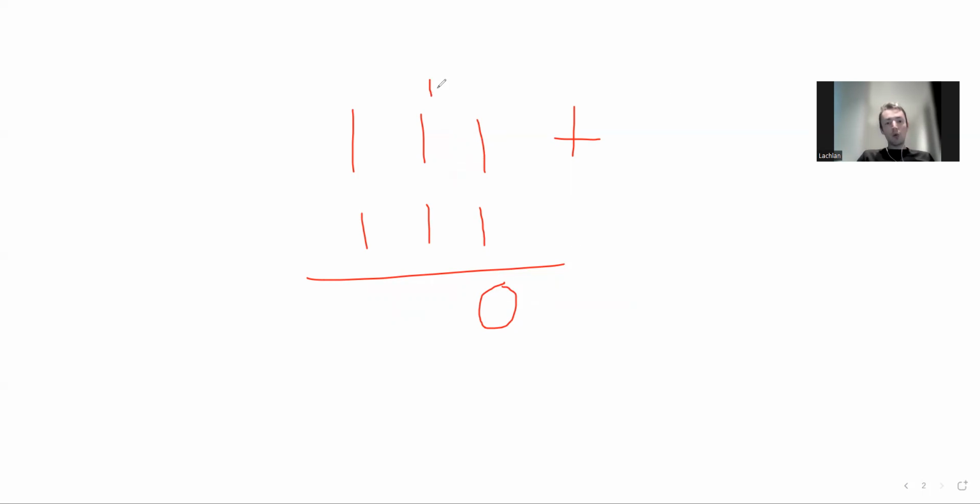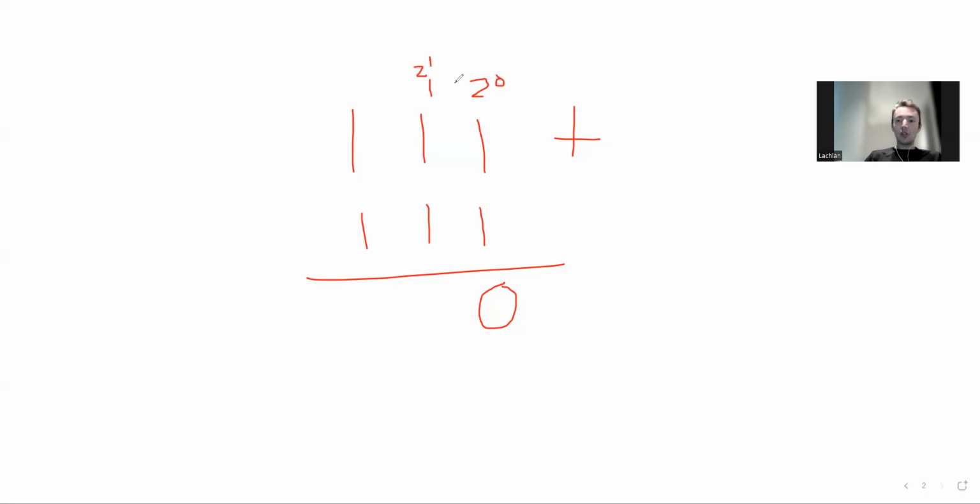Now, you're probably wondering, why are you carrying only a single 1 and not 2 ones? How this works is that when you carry over to another column, that extra column is 2 ones, right? This represents 2 ones because you're in the next column. So you're not in the 2 to the 0 column, you're in the 2 to the 1 column now.